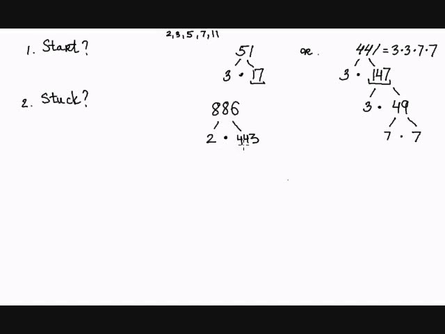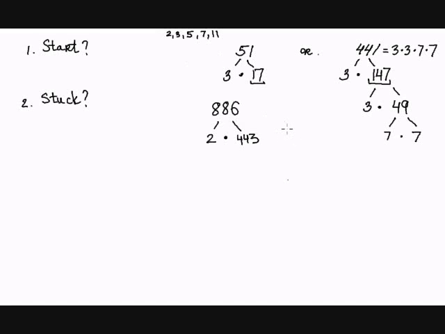And we're stuck. So we're going to run the divisibility test again. 2 doesn't divide 443, so let's check if 3 divides 443. 4 plus 4 plus 3 is 11. 11 is not divisible by 3, therefore 443 is not divisible by 3. Since the last digit is not 5 or 0, 443 is not divisible by 5.